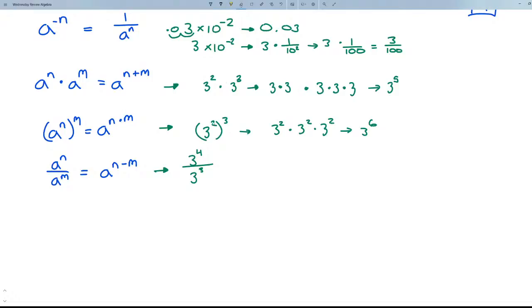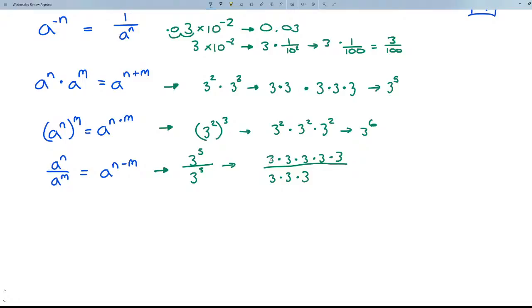Let's do the 4th. I mean to the 5th instead. So what is that saying? That's like saying 3 times 3 times 3 times 3 times 3 over 3 times 3 times 3. 3 cubed, 3 times 3 times 3, 3 to the 5th, 3 times 3 times 3 times 3 times 3.